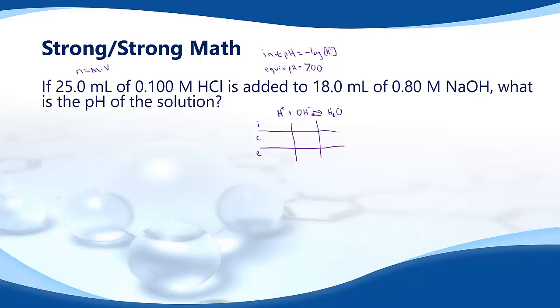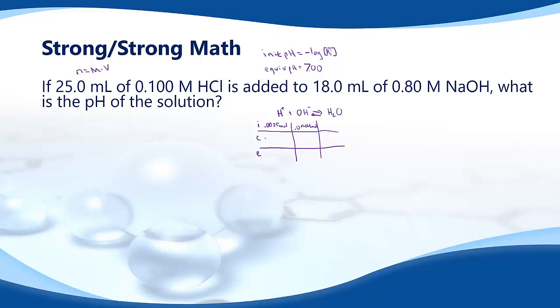So the number of moles I have of hydrochloric acid is 0.1 molar times 0.025 liters, or I start off with 0.0025 moles of H+. For my base, again, 0.8 times 0.018 means I'm going to start off with 0.0144 moles of hydroxide.